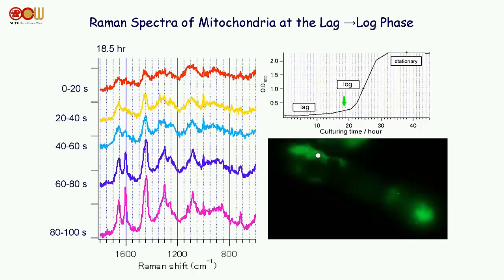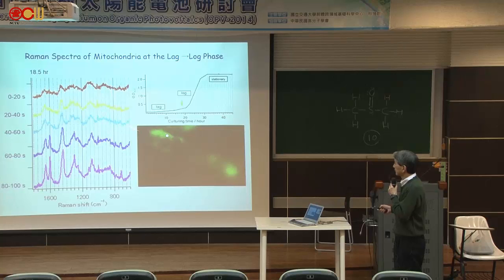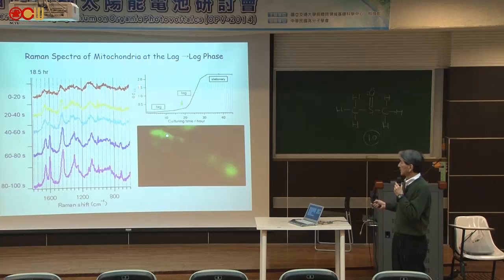And we even found that if you see the mitochondria in this stage and fix the laser here and wait for this time, then the spectrum changes from the proteins to the lipid. So there is a very rapid change of the nature of mitochondria without lipids to a lot of rich lipid.